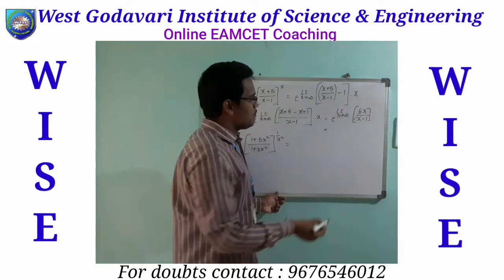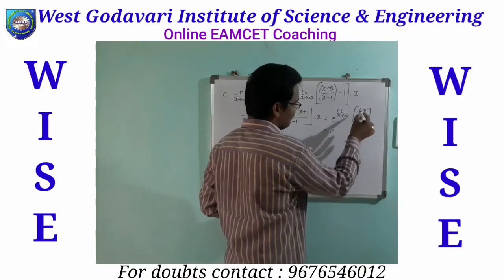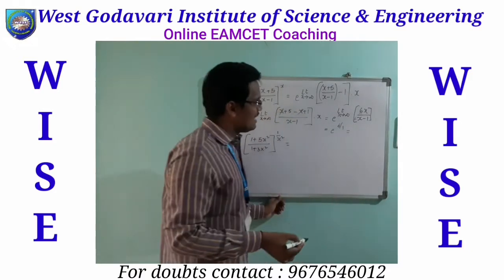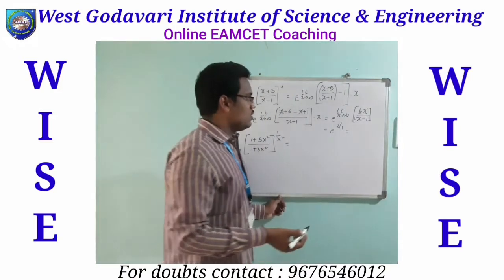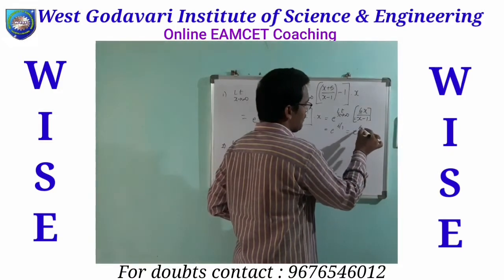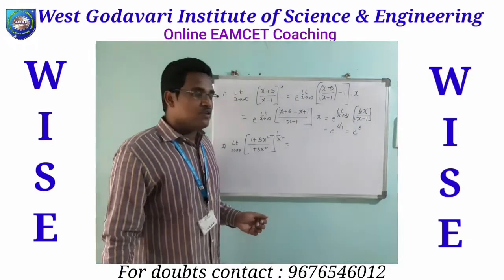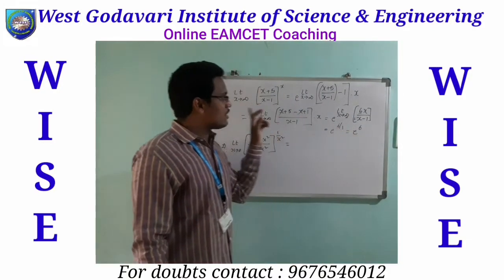So we can simply write e power 6 by 1, which is equal to e power 6. Whenever x tends to infinity, this form is applicable. So e power 6 is the right answer for this question.